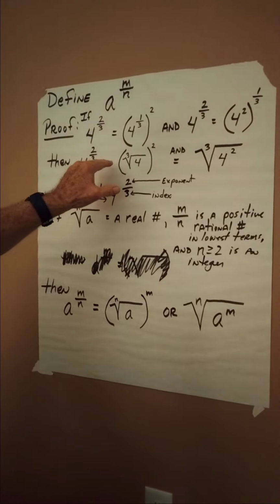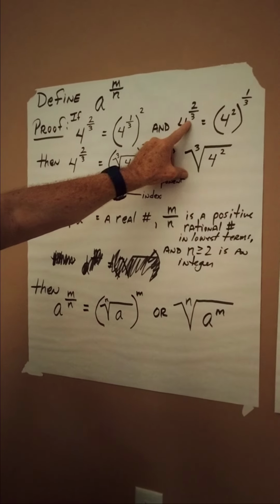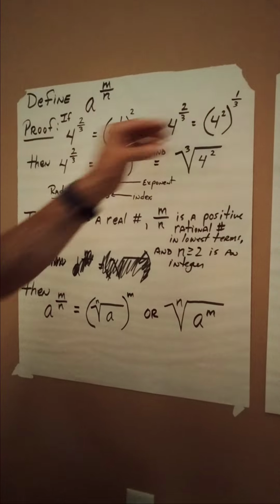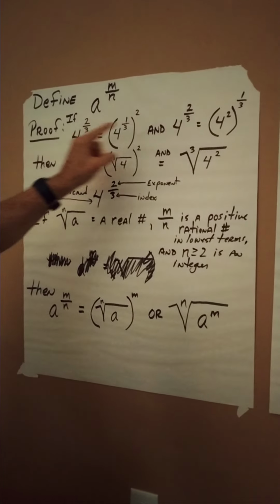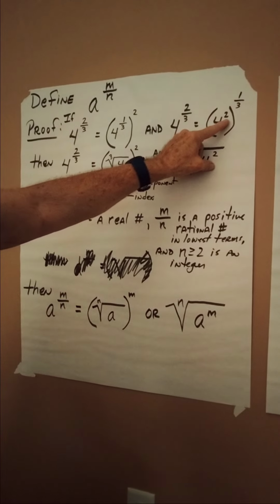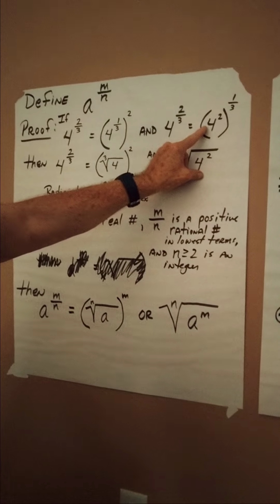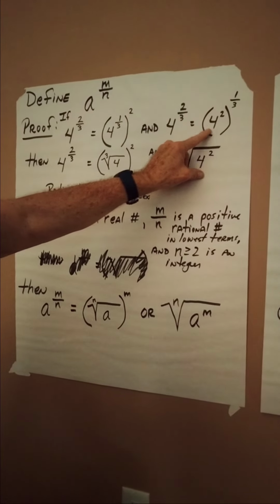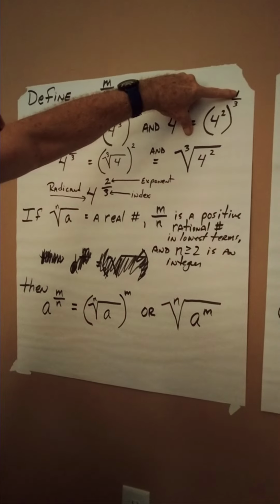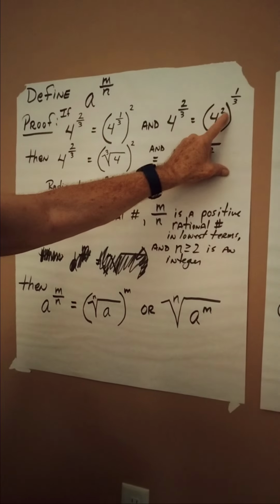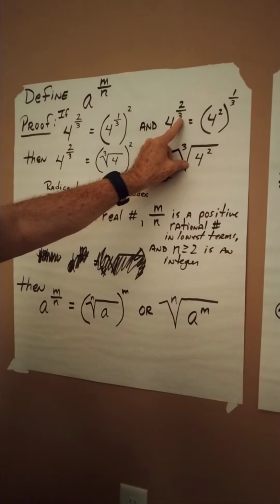Before we go to the next step, we're going to take that 4 to the 2/3 and express it in another way that's still equivalent, still using the power of a power. 4 to the 2/3 can also be written as the quantity 4 squared, to the 1/3, because if we multiply 2 times 1/3, that's also 2/3.